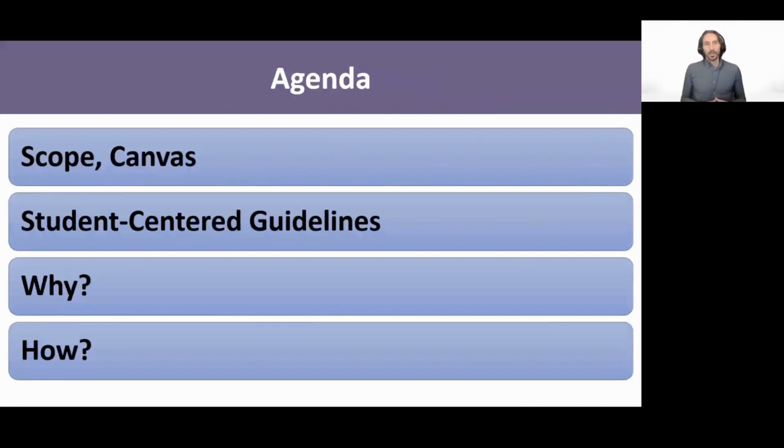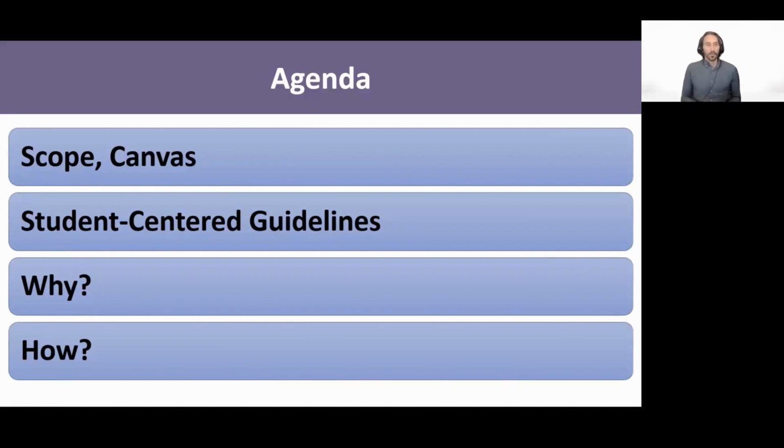Okay, so as far as our agenda goes today, this is all going to be focused on the front page of your learning management system. And the limitations of this are the examples that I give will be specific to Canvas. So the concepts that we discuss will be applicable to any learning management system, but the examples that I give will be specific to Canvas.